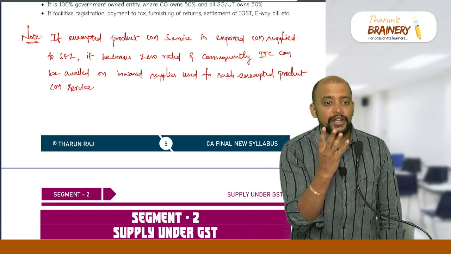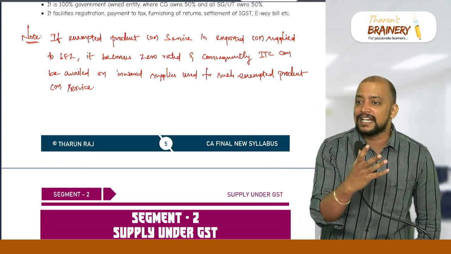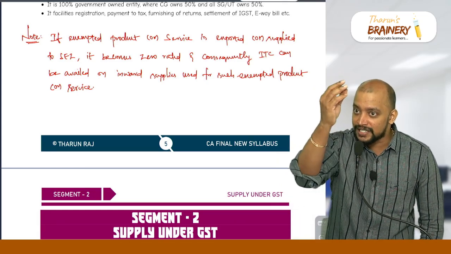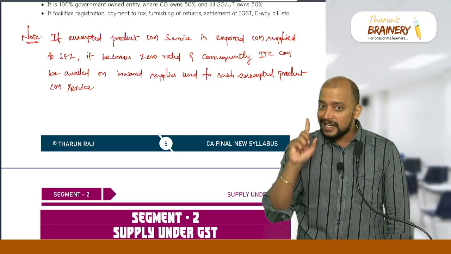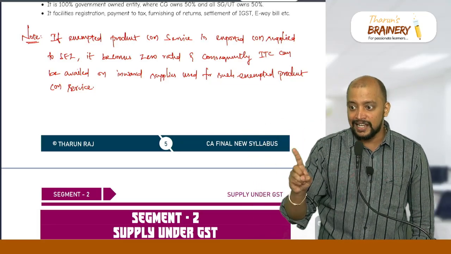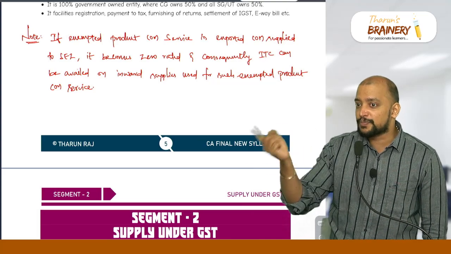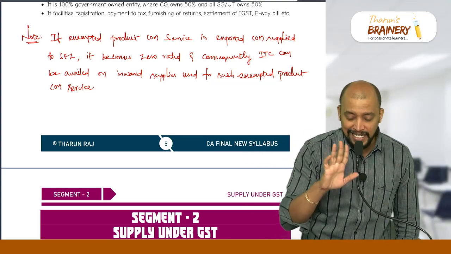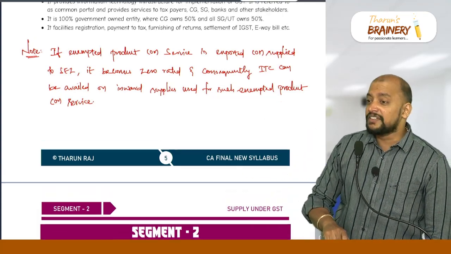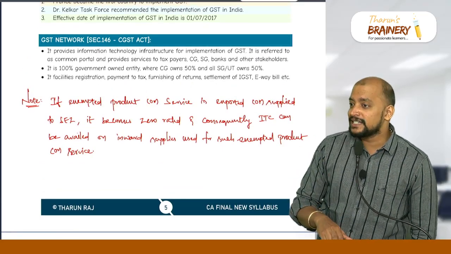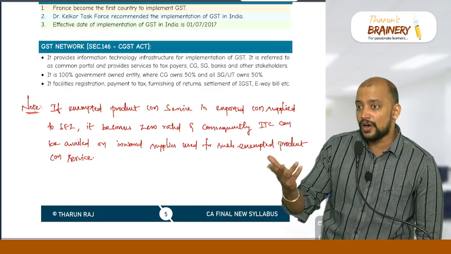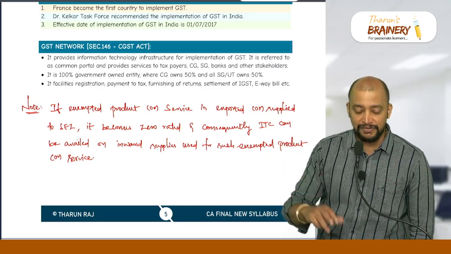This simple point many times is tested in exam, and we do this wrong in exam. Be careful. So generally exempted means we cannot take, but here it is exported, means we can enjoy the ITC, and even we will get the refund of that also, correct, provided it is option 1 or option 2, depending upon the option we choose.